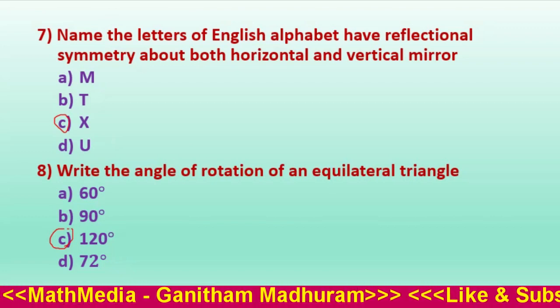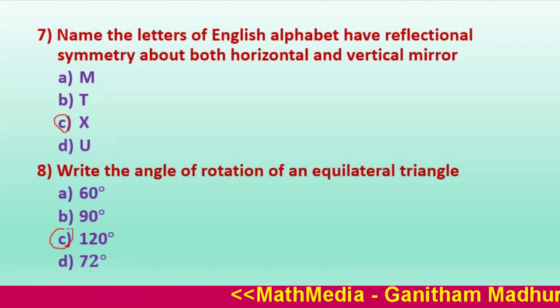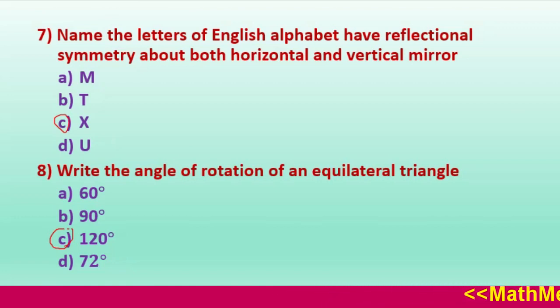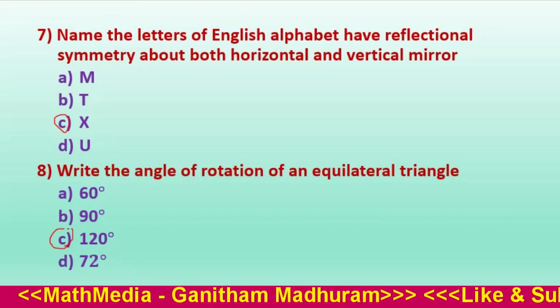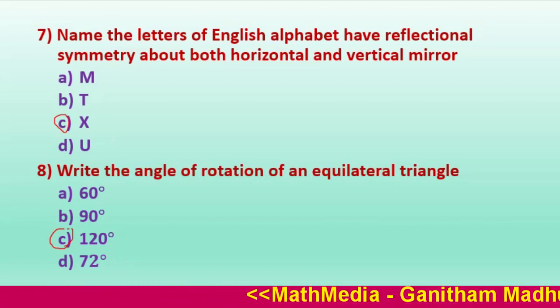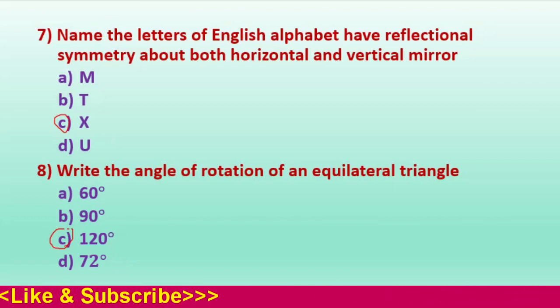Hence the angle of rotation is 360 divided by 3, which gives 120. Hence our correct option is option C, 120. That is, the angle of rotation of an equilateral triangle is 120.